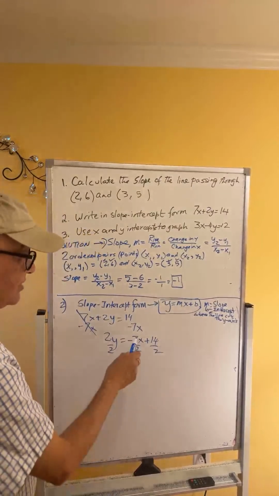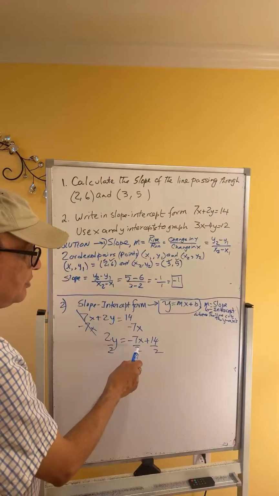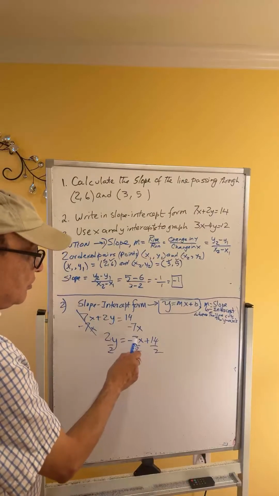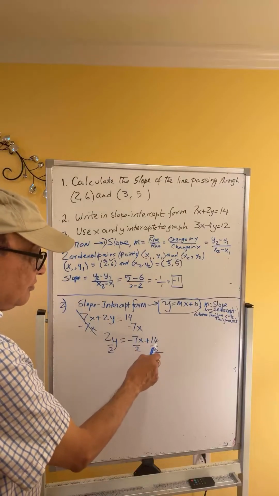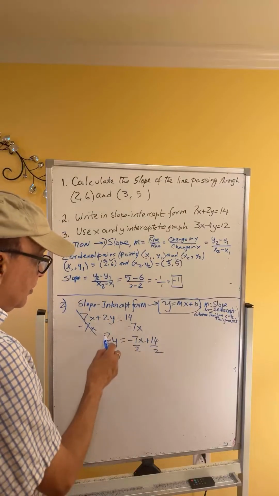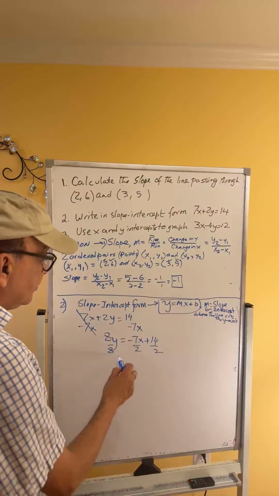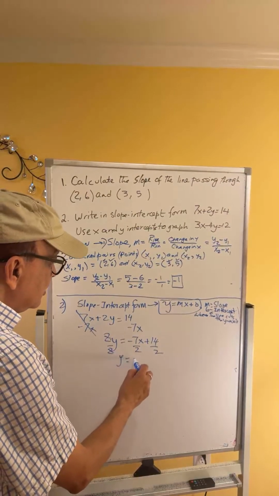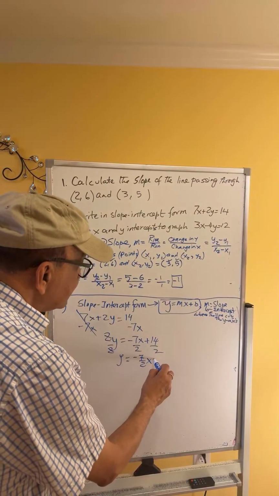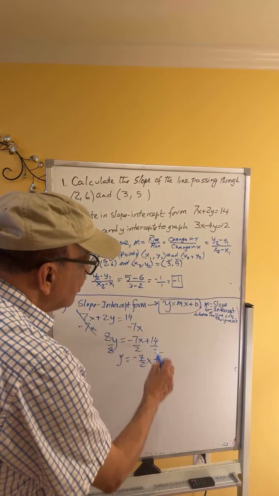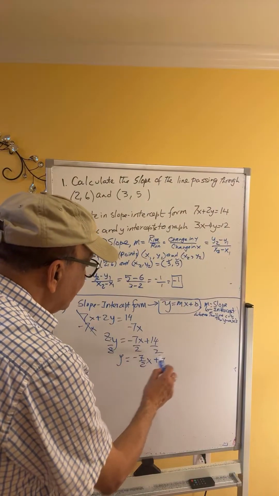Notice on the right hand side I did divide by 2. First the coefficient of x, which is minus 7 divided by 2, and then the constant term 14 also we divide by 2. So when I divide by 2, on the left hand side it becomes y is equal to minus 7 by 2 x plus 14 divided by 2 is 7.